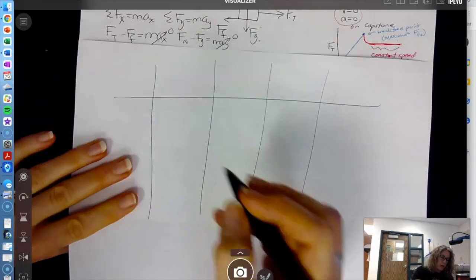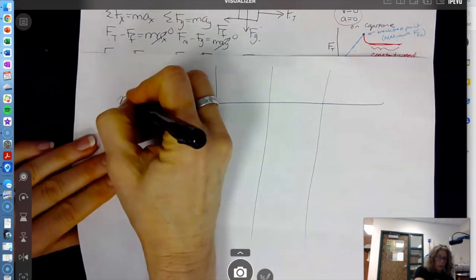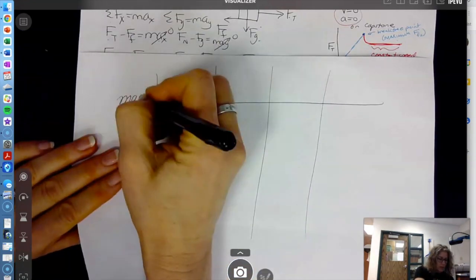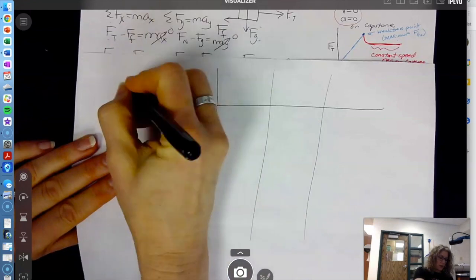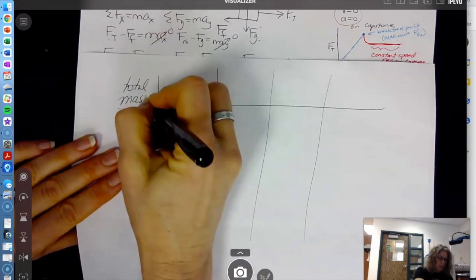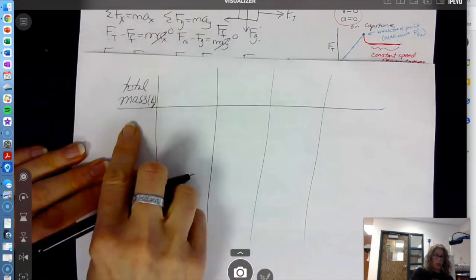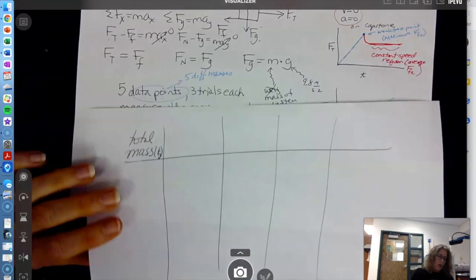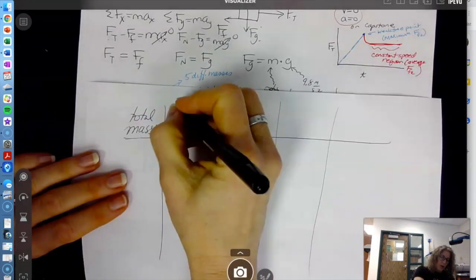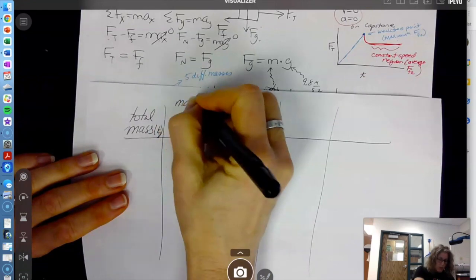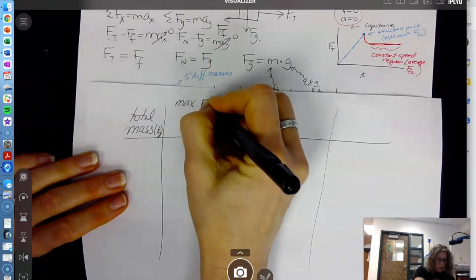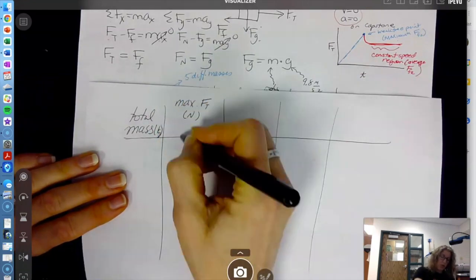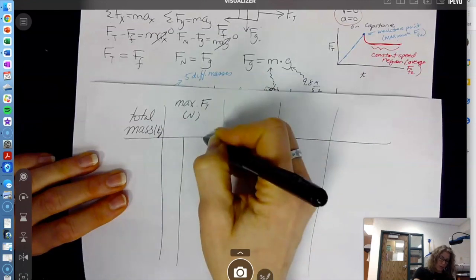So what do we need? Well, we definitely need to include the mass, right? The total mass being pulled, and that'll be in kilograms. So these are going to be your different data points. And then we're going to need our maximum tension force in newtons, and we're going to do that 3 times.